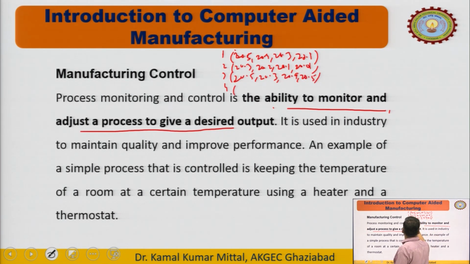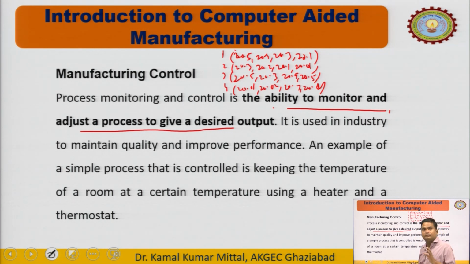Like in 4, it is 20.01, 20.02, 20.7, 20.8. So these are the 4 samples, and these are the dimensions of different shafts which are going to be produced. अलग अलग shaft की dimension है.